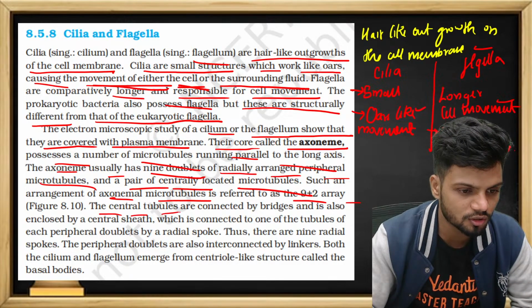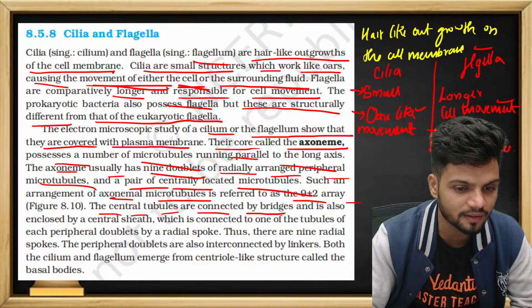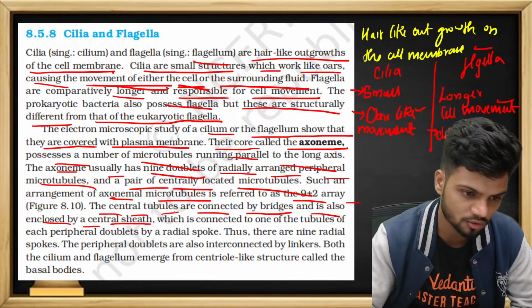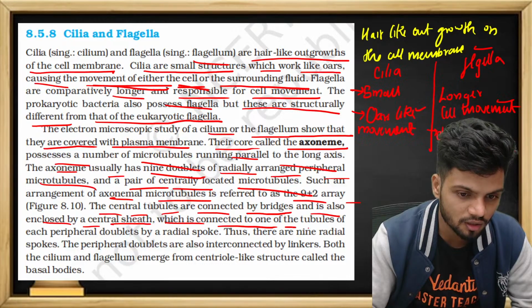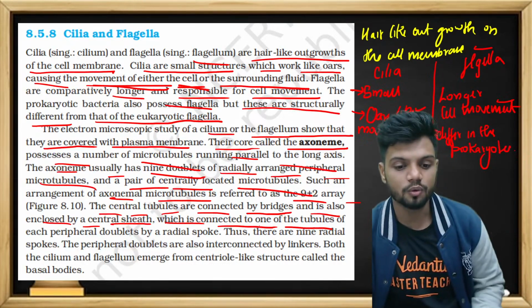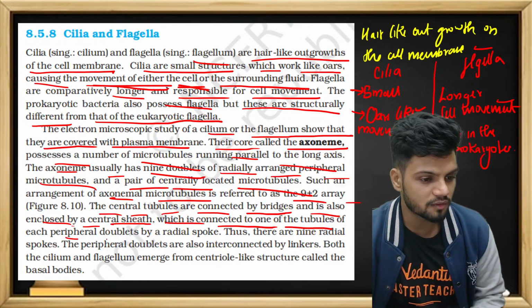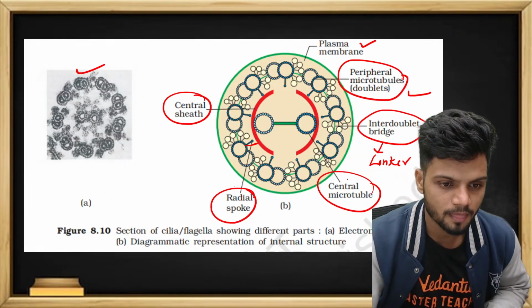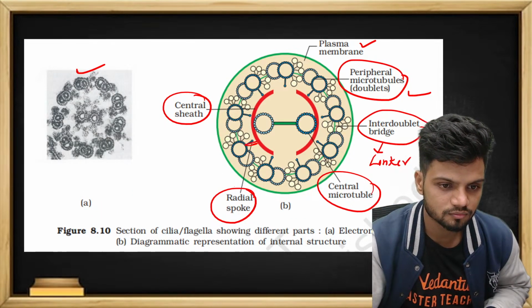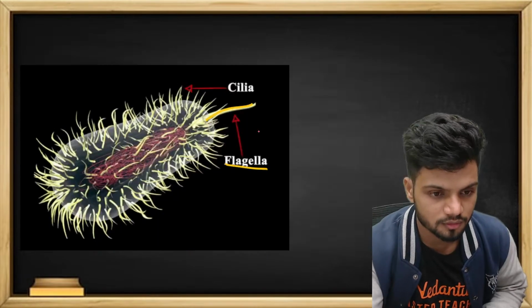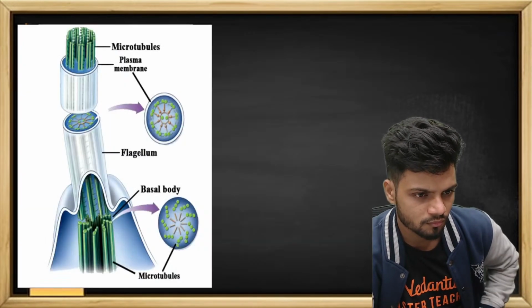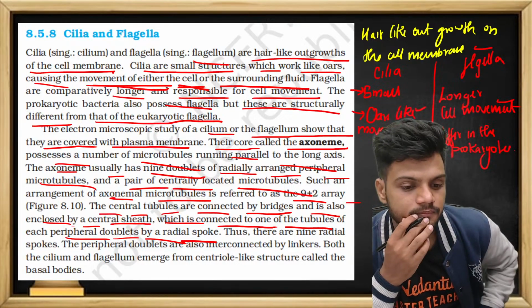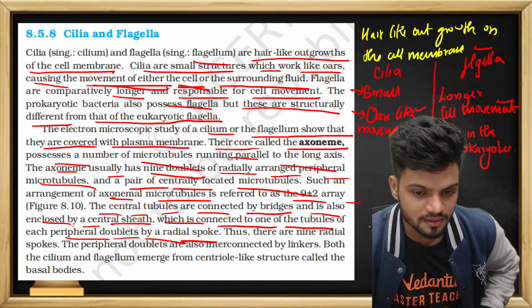The central tubules are connected by a bridge and are also enclosed by a central sheath, discussed already, which is connected to one of the tubules of each peripheral doublet by a radial spoke. So we have the radial spoke here, coming out. Thus, there are 9 radial spokes.